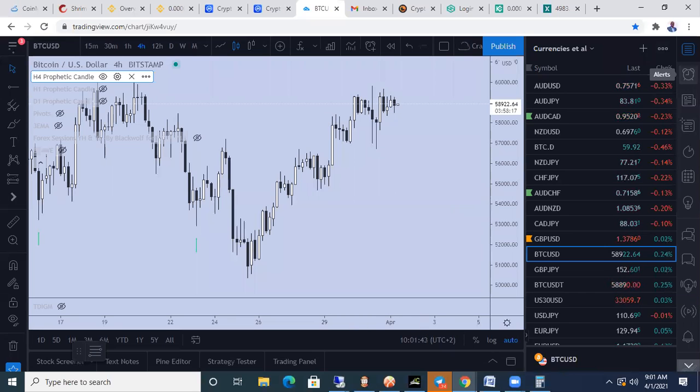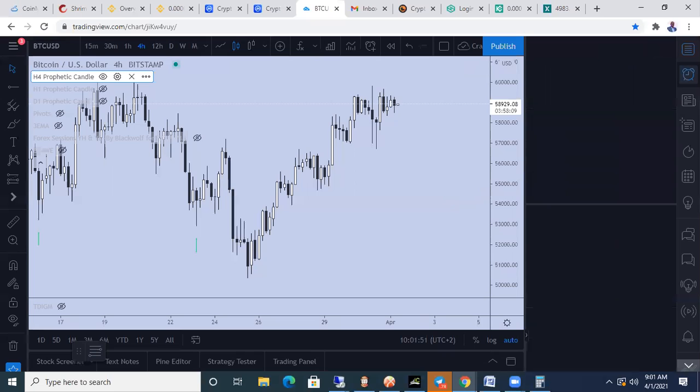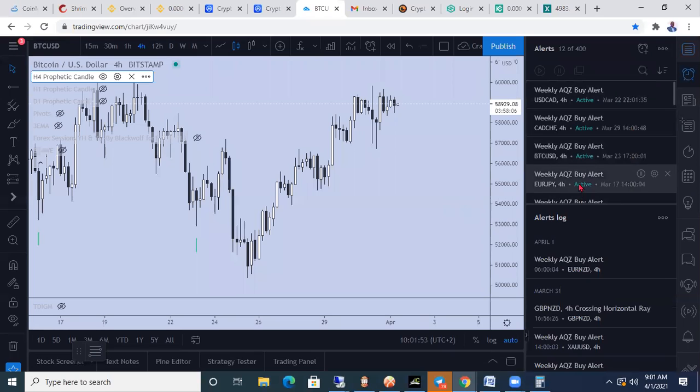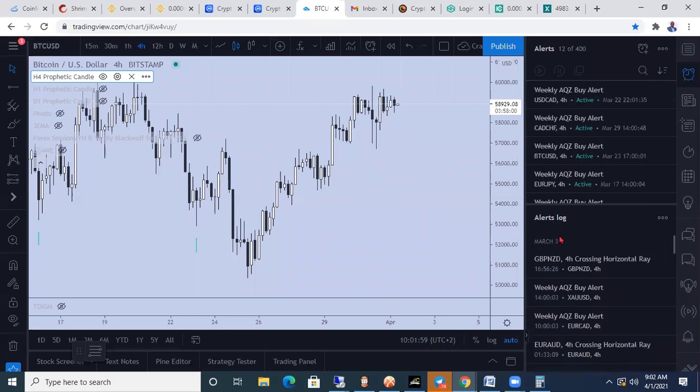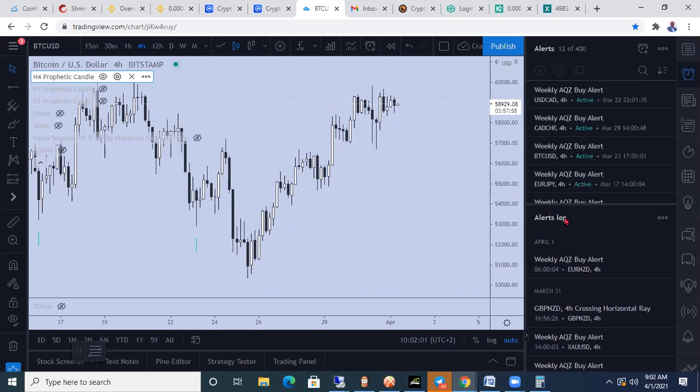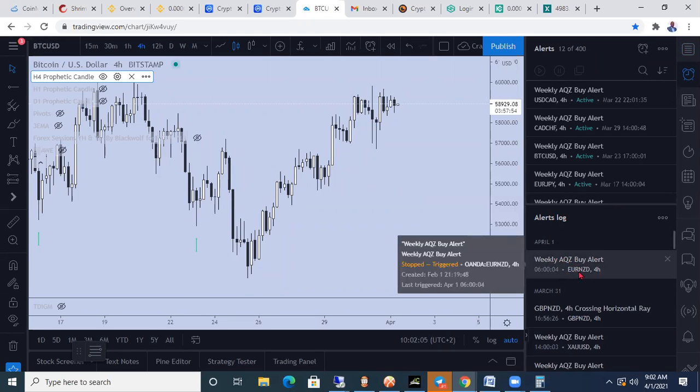To the right-hand side of my screen, there's a column down there, and you have alerts here. If I click on that, you would see my running alerts at the top. Then you see my alert log underneath. So for today, April 1st, I've had just one alert, and that's for Euro NZD.